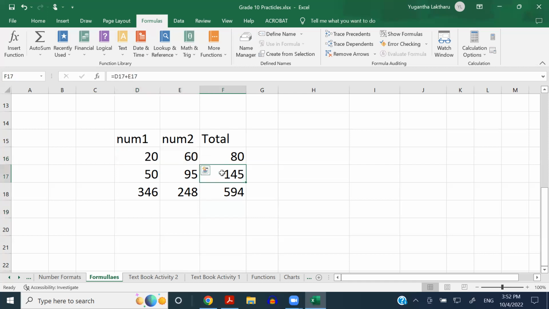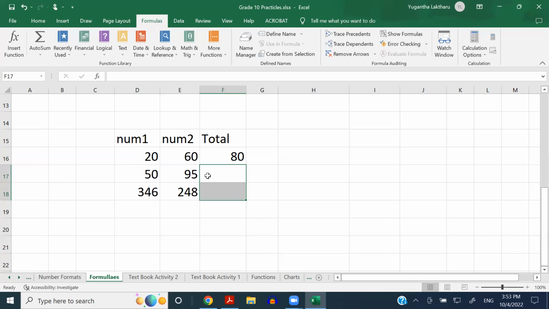Without writing the formulas in each and every cell, you can simply copy a formula. Have these two numbers at the left-hand side and the total over here. We are not going to write the cell references and all these things. We are just going to copy and paste it.